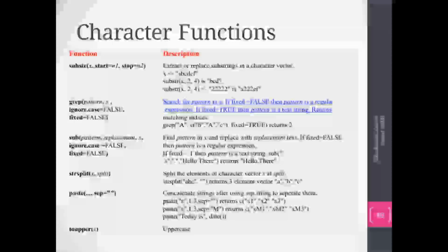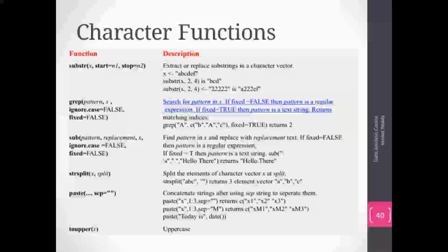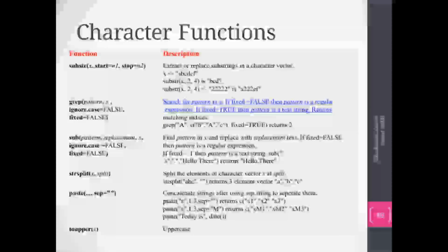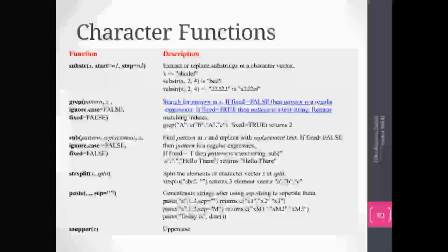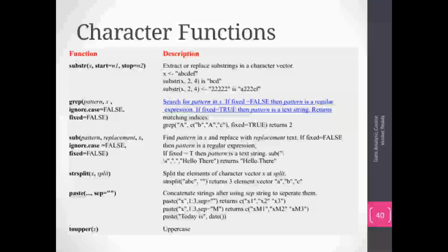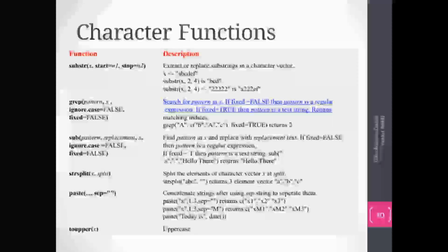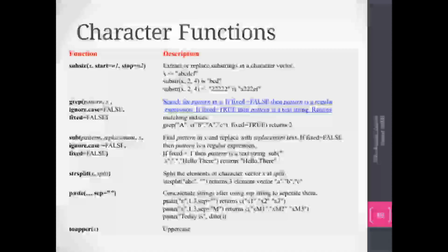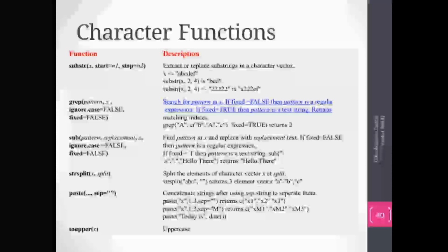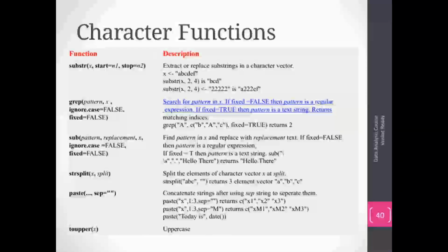22222f. Next, we have the grep function, which is powerful for searching patterns within character vectors. It looks for a pattern, and if ignore.case is set to false, it's case sensitive. When fixed equals false, it interprets the pattern as a regular expression, giving us flexible search capabilities. For instance, grep("A", c("B", "A", "C"), fixed=TRUE) will return 2, indicating that A is at the second position in the vector.